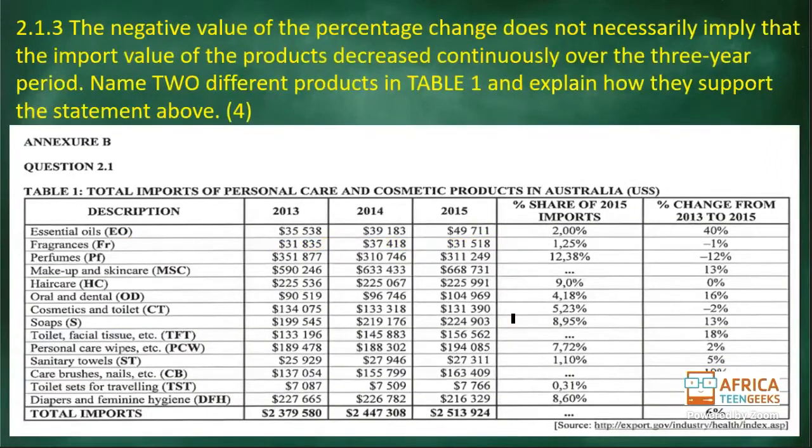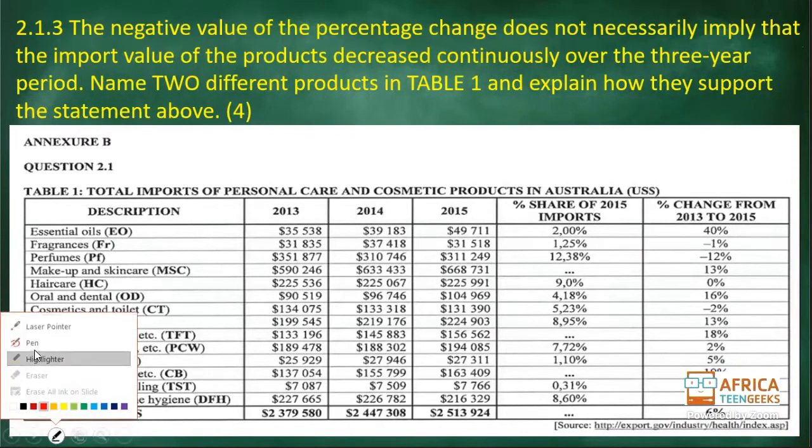And then question 2.1.3. The negative value of the percentage change does not necessarily imply that the import value of the products decreased continuously over the 3-year period. Name 2 different products in table 1 and explain how they support the statement above.